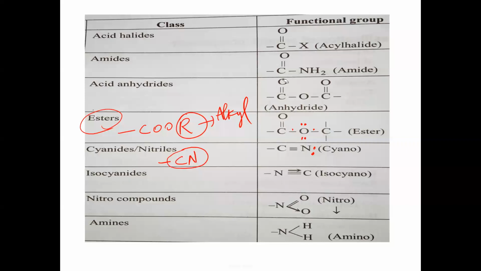In every structure, this double bond O also has 2 lone pairs of electrons. So in all these structures, oxygen gets 2 lone pairs, and nitrogen with triple bond has 1 lone pair. Remember. So bond CN group is called cyanide group, which is also called nitrile.